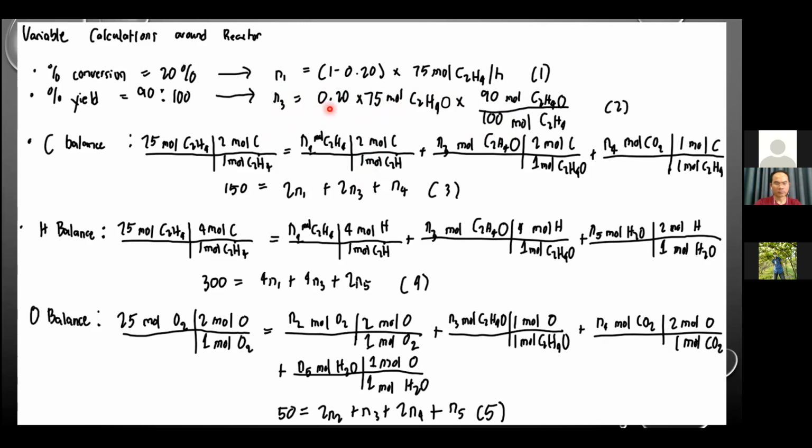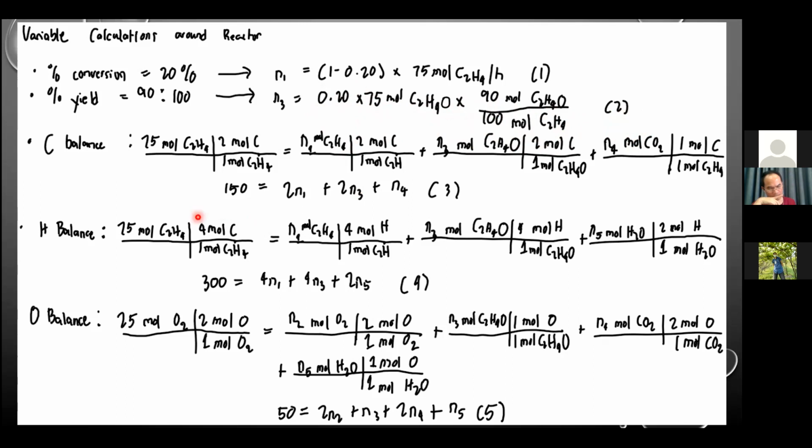We have the 0.20, which is the single pass conversion, times 75 moles of C2H4. So this is the input rather. This is the input: 0.20 times 75 moles of C2H4 times the said percent yield, which is 90 moles of ethylene oxide over 100 moles. So this is our second equation.